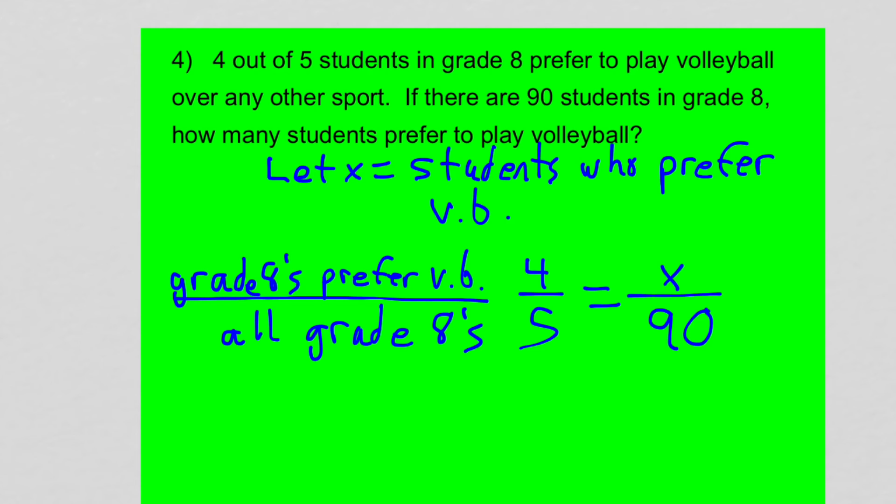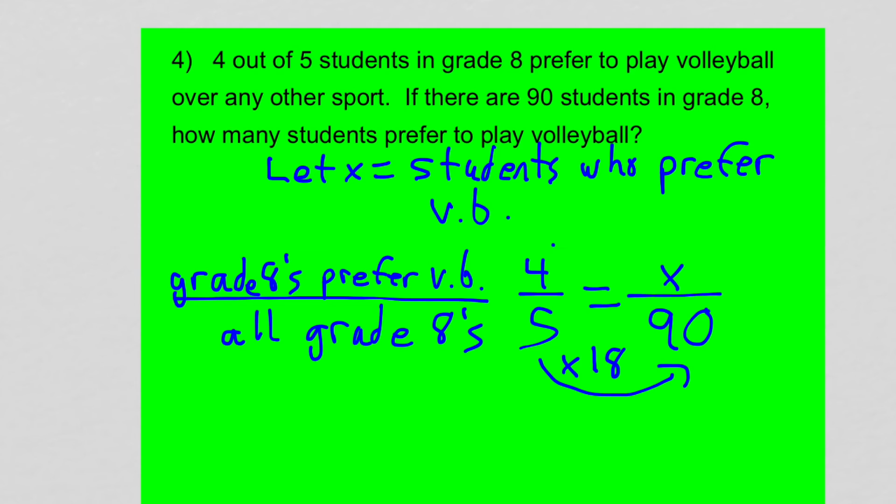Okay, to solve this now, to go from 5 to 90, I'm getting larger, so I'm multiplying. What do I multiply by? Well, I know 5 times 10 is 50. I know 5 times 12 is 60. 5 times 14 would be 70. 5 times 16 would be 80. So 5 times 18 would be 90.